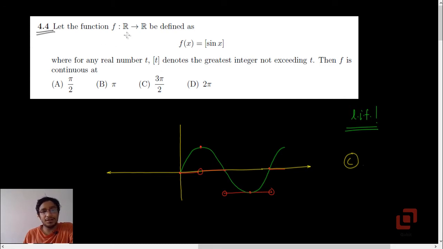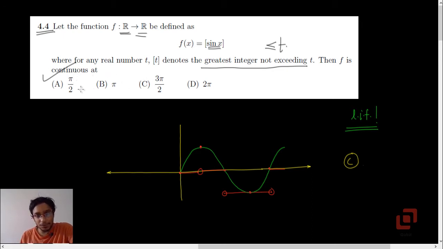Suppose there is a function f defined from the set of real numbers to the set of real numbers, and f of x is box of sine x, where for any real number t, box t denotes the greatest integer not exceeding t, or less than or equal to t. Then f is continuous at pi by 2, pi, 3 pi by 2 and 2 pi. So it will also test you for your knowledge of continuity of functions, correct?